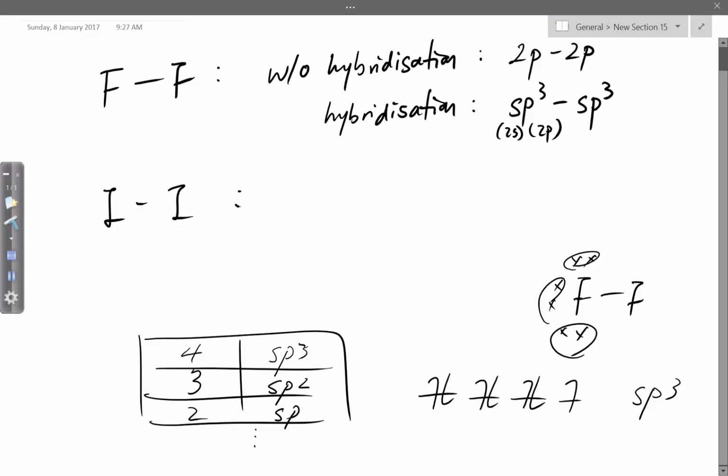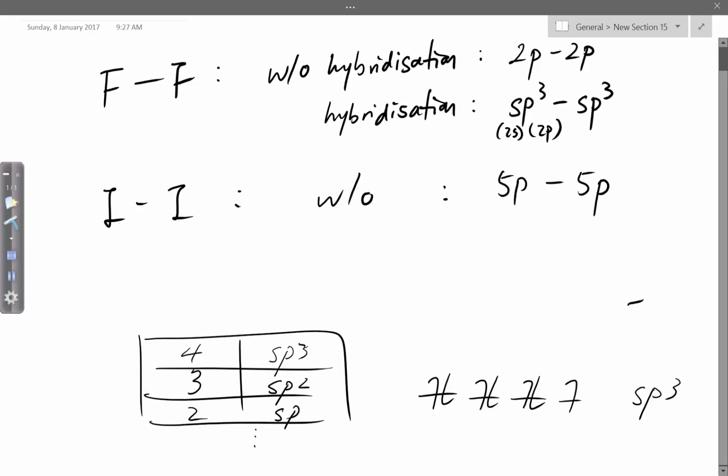If you were to look at iodine, without hybridization, what orbitals are involved? How many p? 5, not 4. Some people will count 1, 2, 3, 4 and then tell me it's 4p, but 5p, because p starts from 2, it doesn't start from 1. So it's a 5p overlap. Now what if there is hybridization?